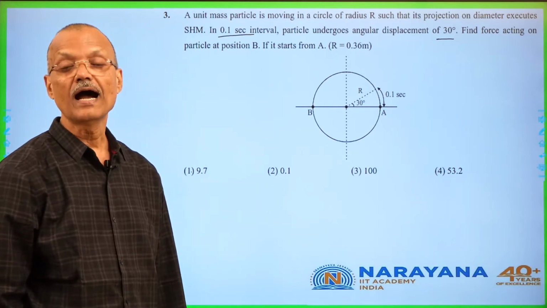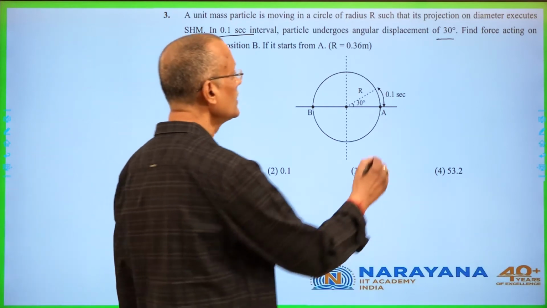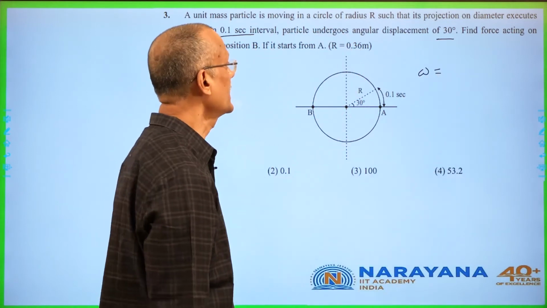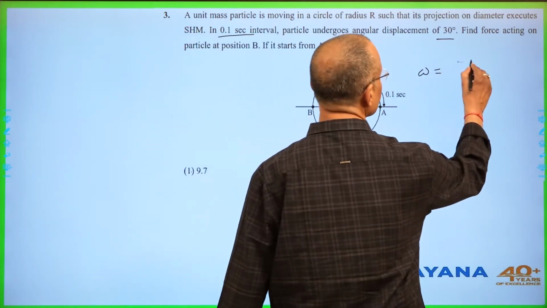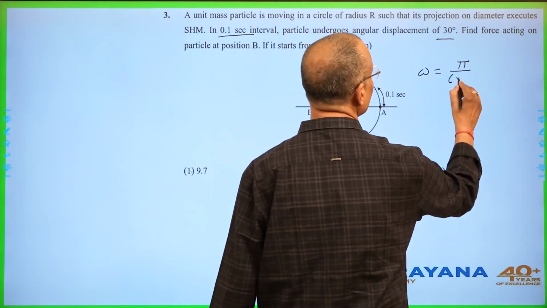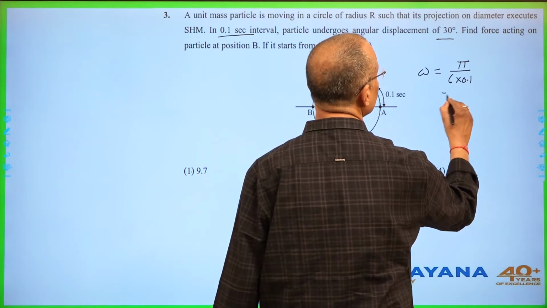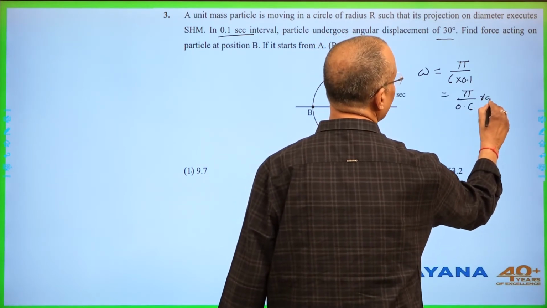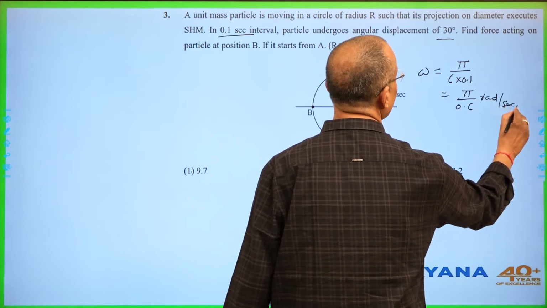You can get the angular velocity of the particle, omega, as angular displacement by time. So 30 degrees means pi by 6 and time is 0.1. So it is pi by 0.6 radian per second.